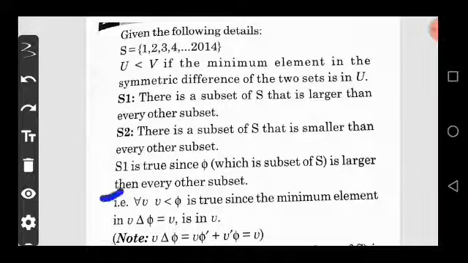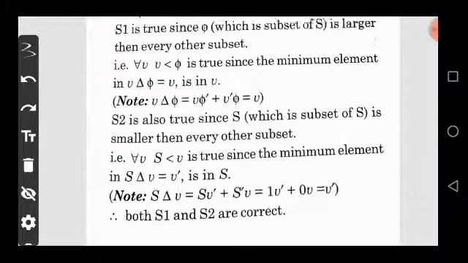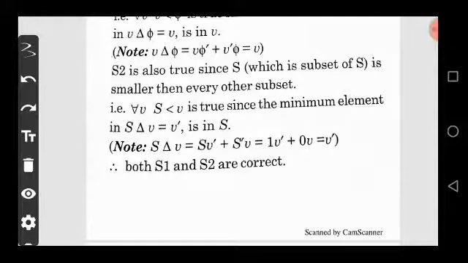That is, for all U, U is less than phi is true since the minimum element in U delta phi is in U. Notable point is that U delta phi equals U phi' plus U' phi equals U. And coming to the second statement, S2 is also true because S is smaller than every other subset, that is, for all U, S is less than U is true since the minimum element in S delta U is in S. Notable point is that S delta U equals S U' plus S' U equals 1 U' plus 0 U equals U'.